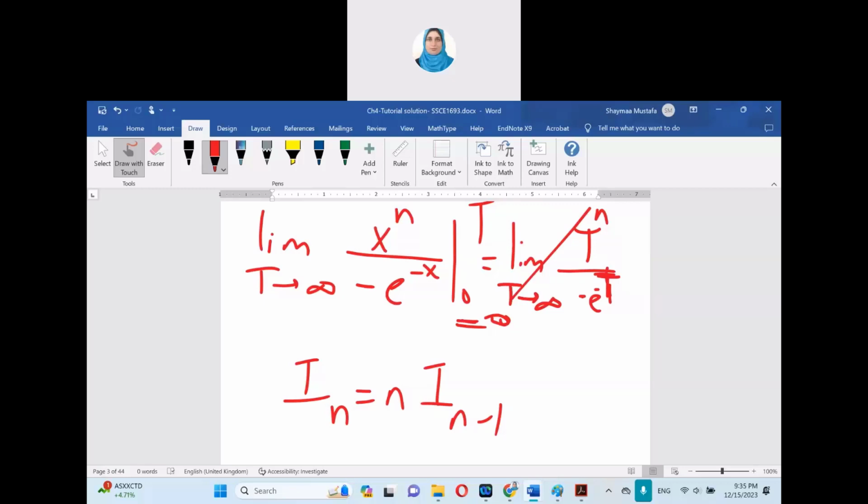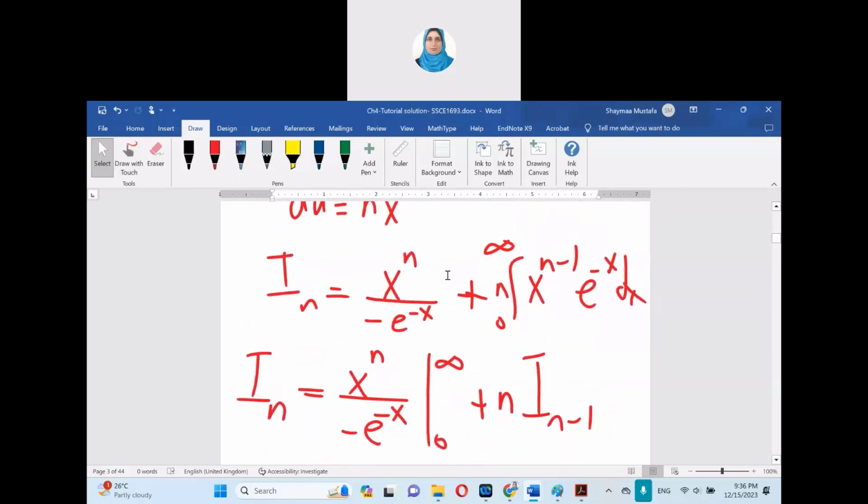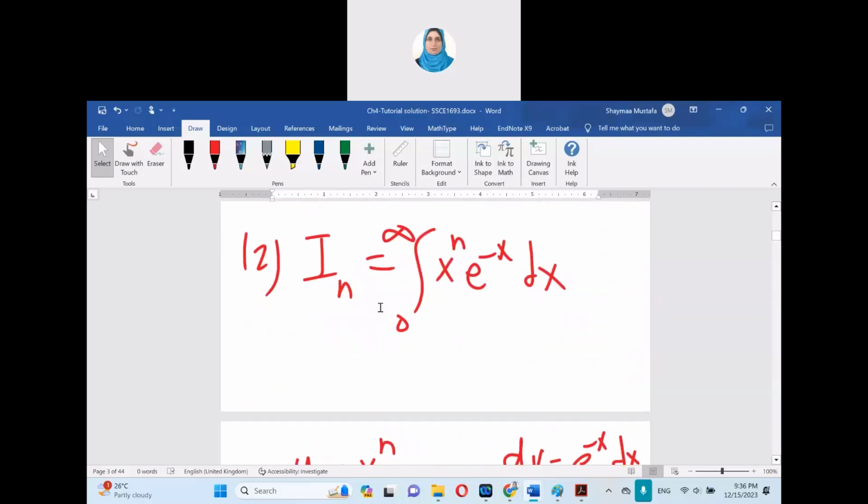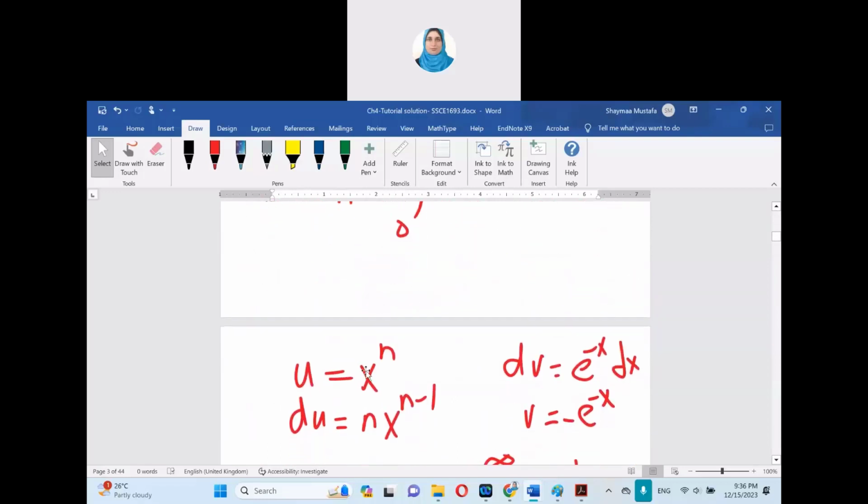Is it x to the power n? X to the power n, e to the power minus x. Okay, for by parts here, x to the power n for the derivative, e to the power minus x for the integration.